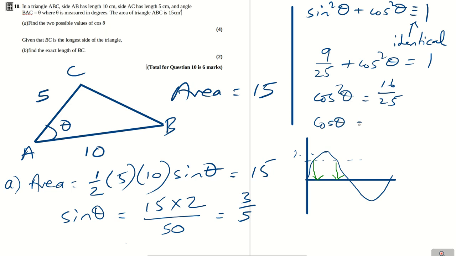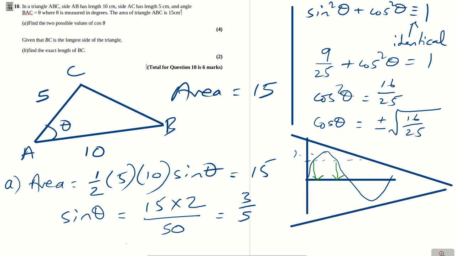So cos theta is going to be equal to plus or minus the square root of 16 over 25, which means that cos theta is going to be equal to either 4/5 or minus 4/5. And there you have the two possible values of cos theta.